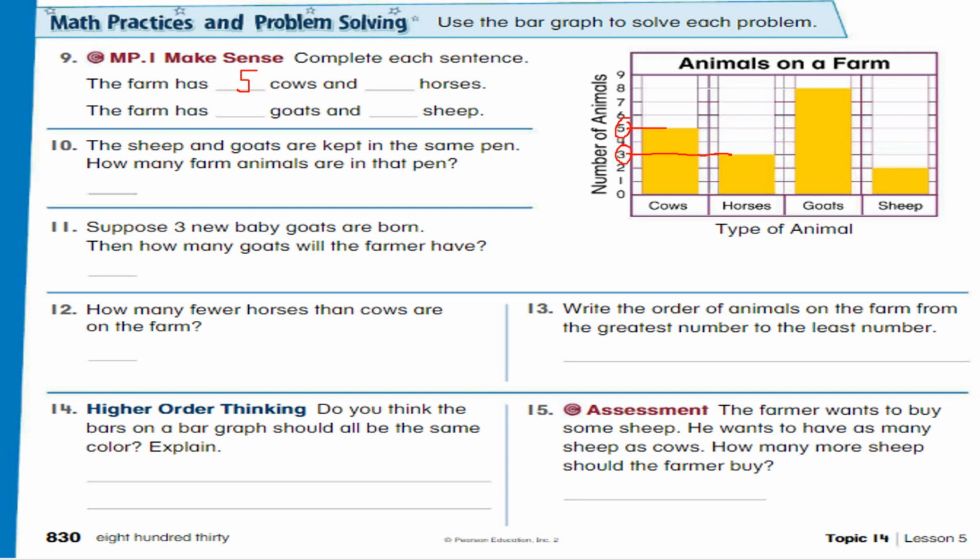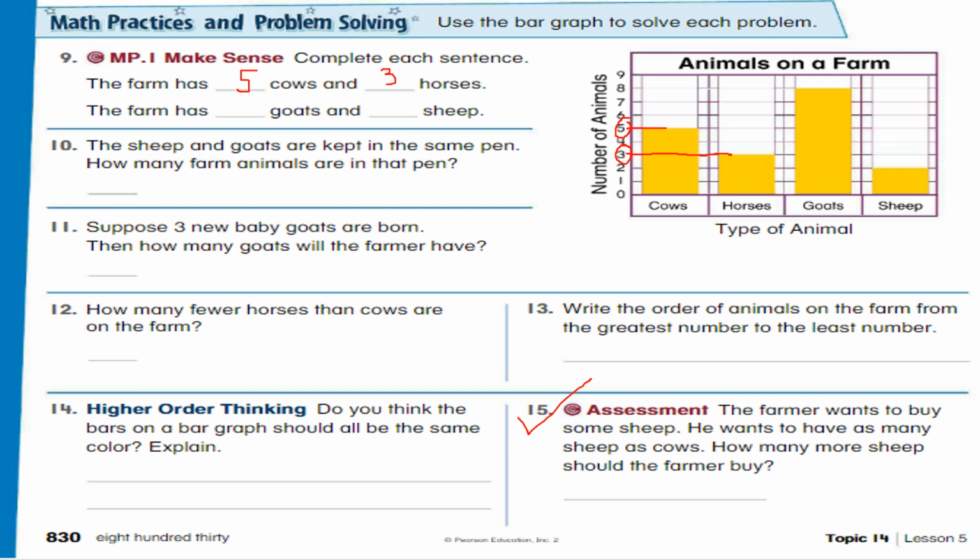Excellent. 3 horses. And so on. You have to answer all the questions on this page related to this graph, and then at the end you have an assessment which is also related to the same graph.